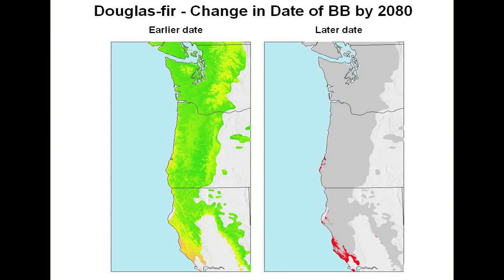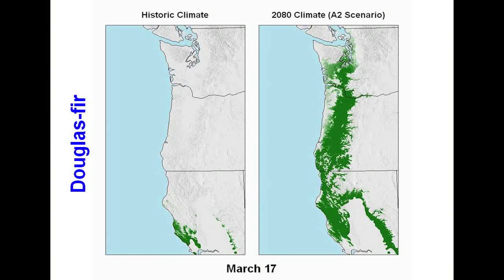So what would happen is that budburst would be happening earlier, and then it would kind of pause, and then it would start going back, and then as the climate continues to warm, we actually would end up with later dates of budburst. So you can see on the right how rapidly budburst progresses during the season in the future compared to the much slower progression that is currently happening.